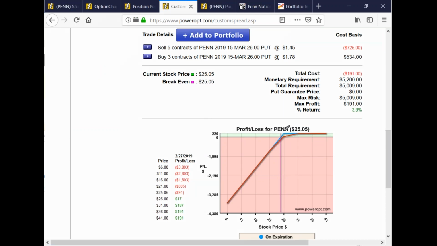If the stock's going in the wrong direction, I still have 2 contracts open where the losses could quickly start to outpace the other obligation I had. I did start off with 5 contracts at the 26 strike. Now I'm down to 2 contracts at a 26 strike, so it's $5,200 only. I could still make a profit of $191, but if the stock continues to fall, I'm going to erase that very quickly.